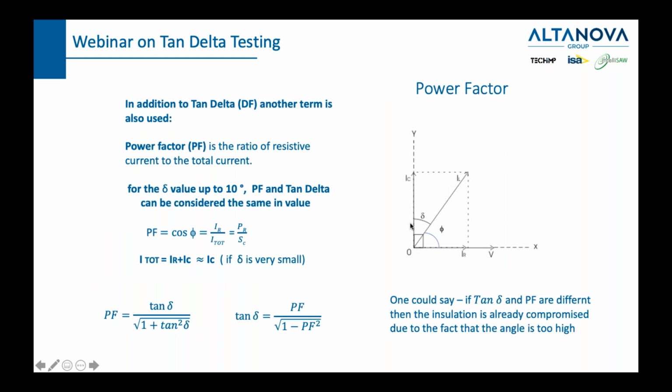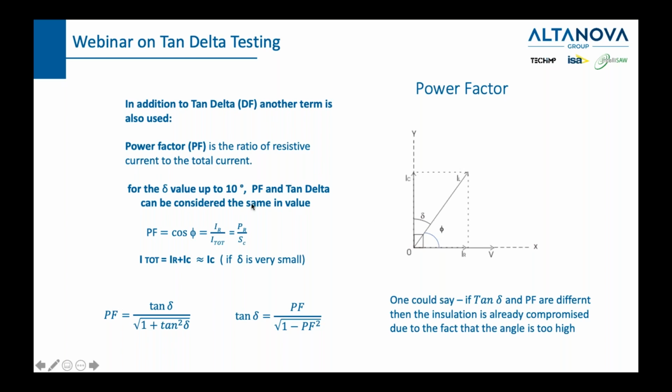But if I total and IC are very similar, and this total current is usually very close to the y-axis, then we have the same number. So we can also say that if tan delta and power factor are different, then the insulation is already compromised due to the fact that the angle is too big.